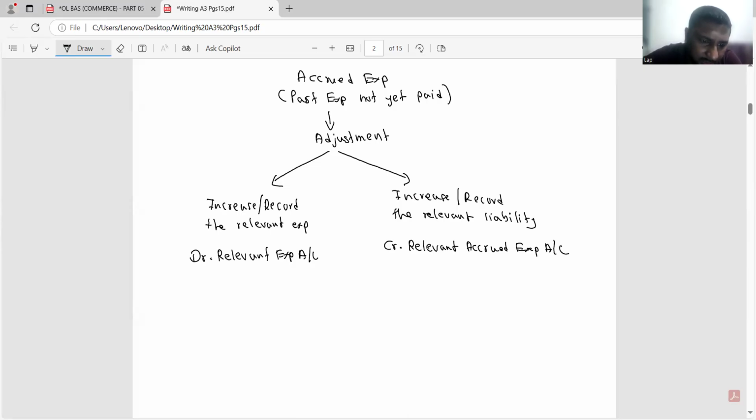Accrued expense means relevant expense payable account. Electricity expense: accrued electricity expense, if not electricity expense payable. Insurance: accrued insurance expense, if not insurance expense payable. That's what you should do. Simple as that.